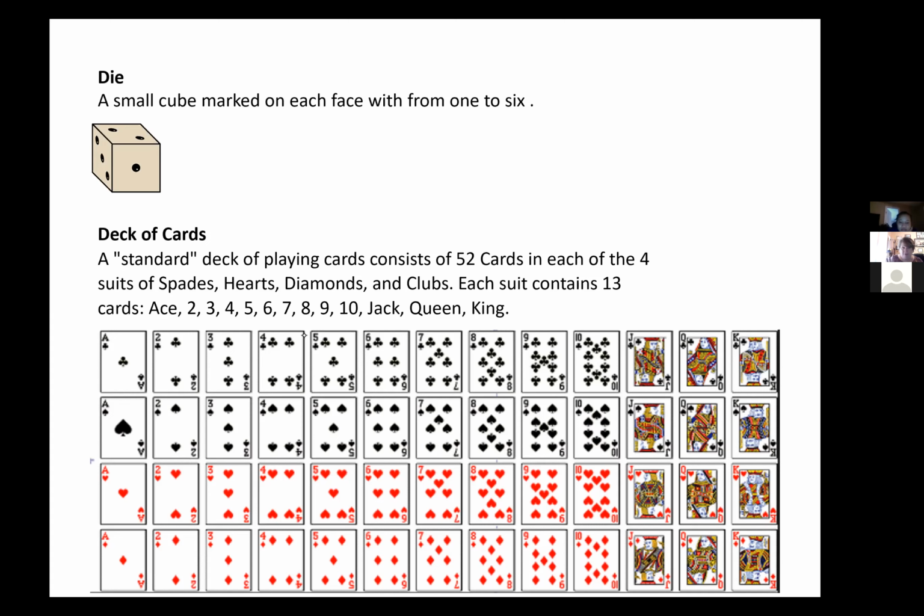Those are clubs. That little 3-dot thing is a club. Spades. Clubs and spades are black cards. Then we have 2 suits of red cards.